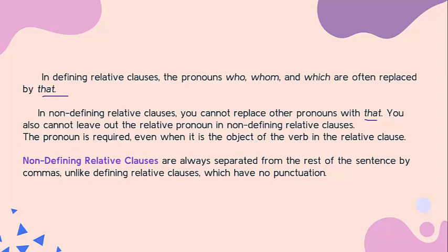The pronoun is required, even when it is the object of the verb in the relative clause. Non-defining relative clauses are always separated from the rest of the sentence by commas, unlike defining relative clauses, which have no punctuation.